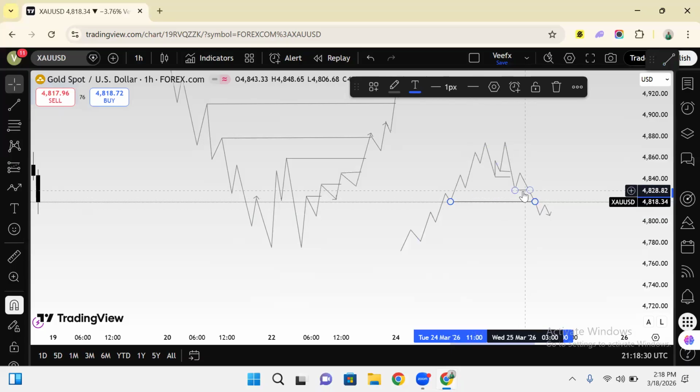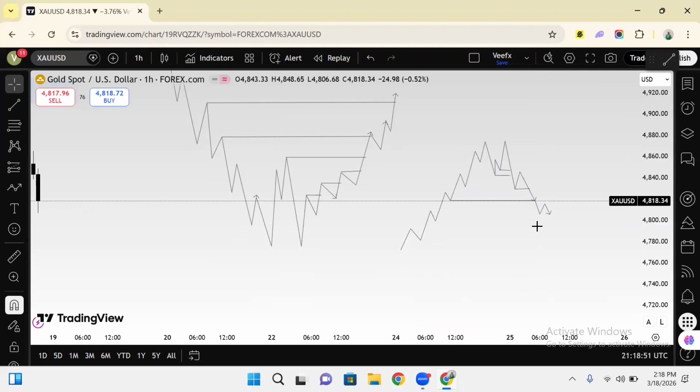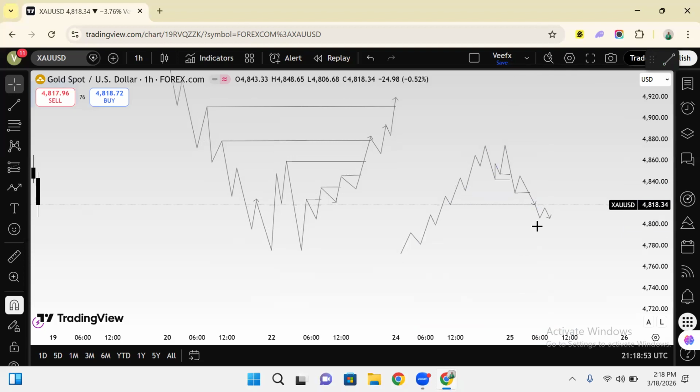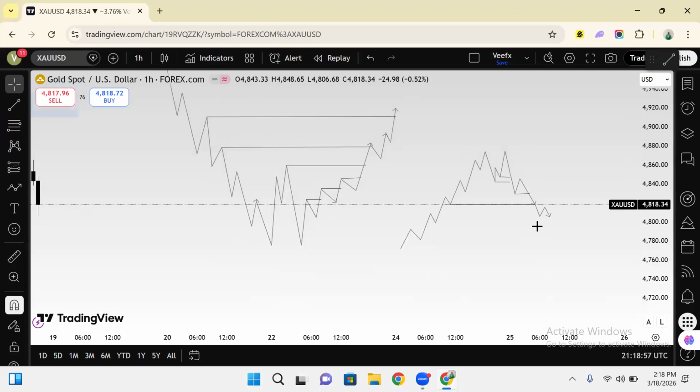The market has taken out this low, took out this low, and also taken out this low. This is your multiple break of structure. This is what I'll look out for to keep joining this trend. Let's say you miss this one, you can look out for the next multiple break of structure to continue the trend. So for you to keep joining the trend, you just keep looking out for multiple break of structure until you have met your final target.